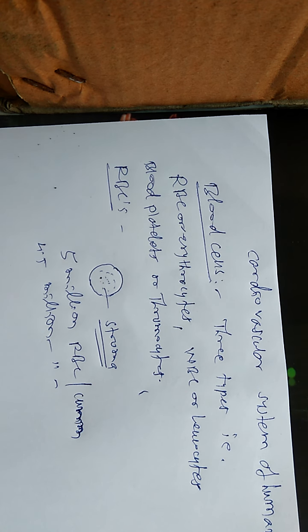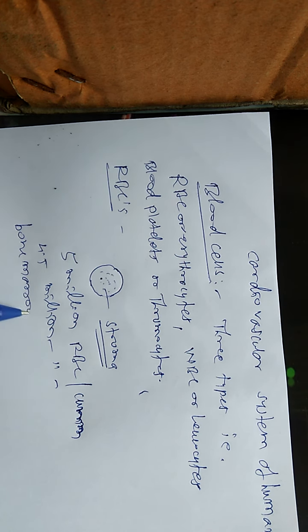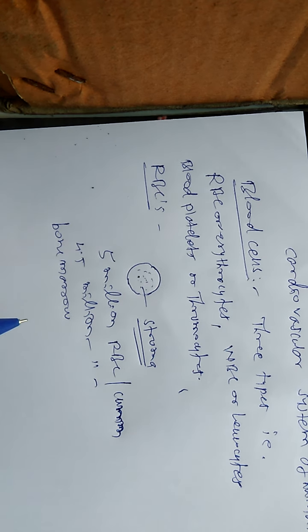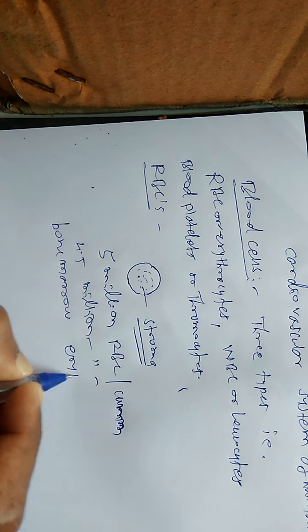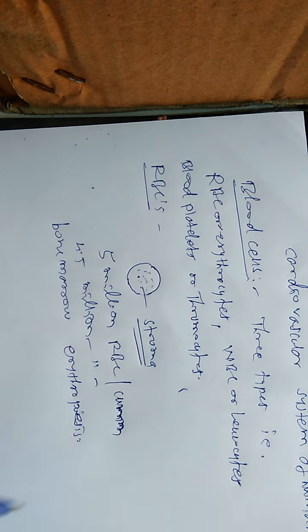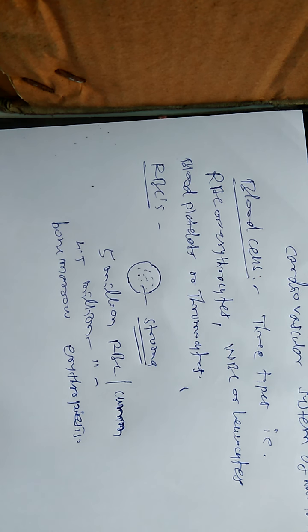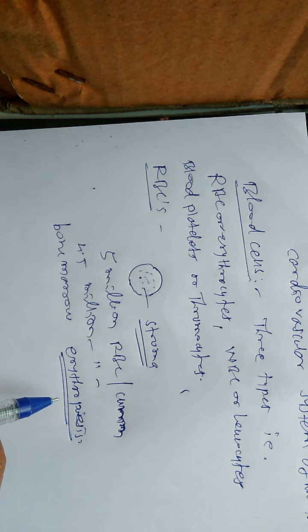The RBCs are produced in the bone marrow, and also in the kidney and spleen, by the process called erythropoiesis. That is the production or formation of the RBC, called erythropoiesis.